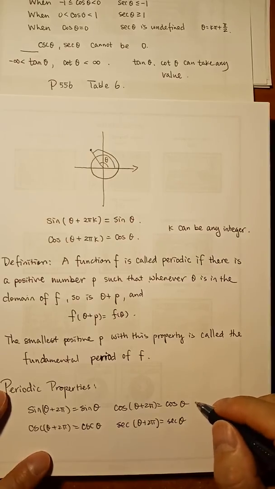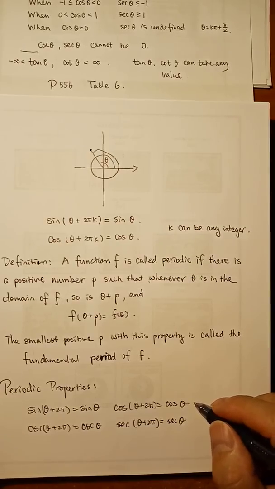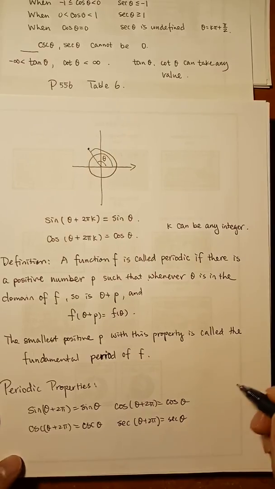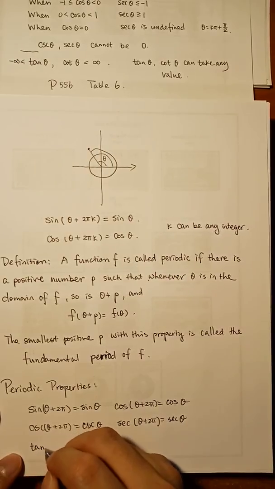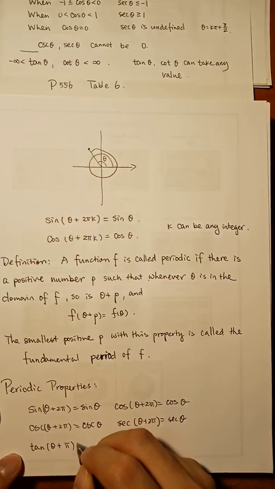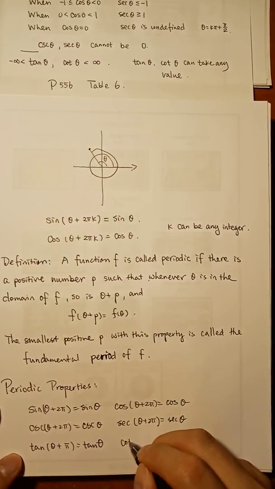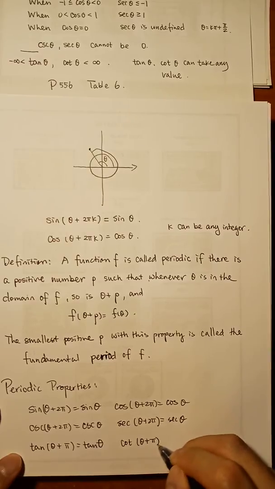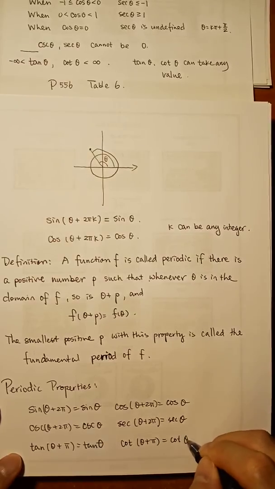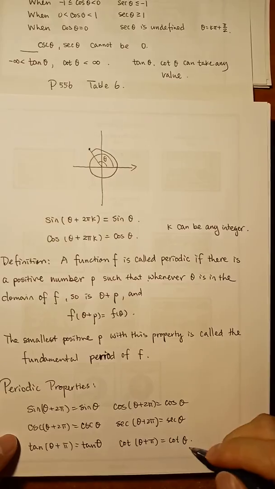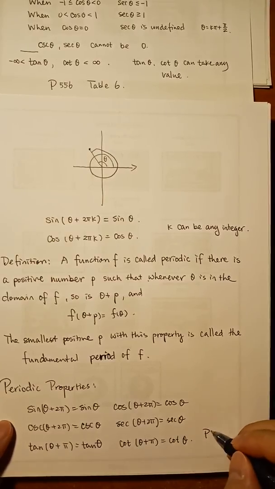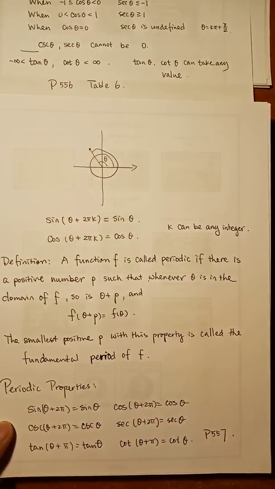Tangent and cotangent, because they are the ratio of sine and cosine, and sine and cosine may change sign together, have the fundamental period pi. This is the periodic properties, on page 557.